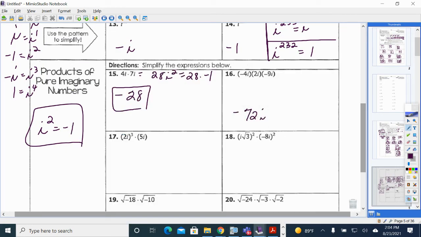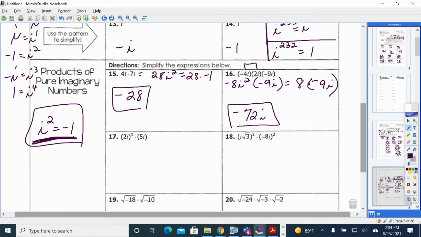And again, by hand, the reason why it's -72i is if we do these one at a time, -4i times 2i is a -8i squared. i squared is -1. So -8 times -1 is a +8 times the -9i. 8 times -9 is -72, and then you've got your i.